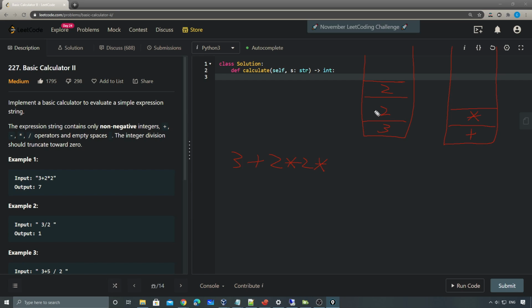We just pop this 2 times 2, and after the calculation, we append the result back to the stack. Now we only have this plus here.